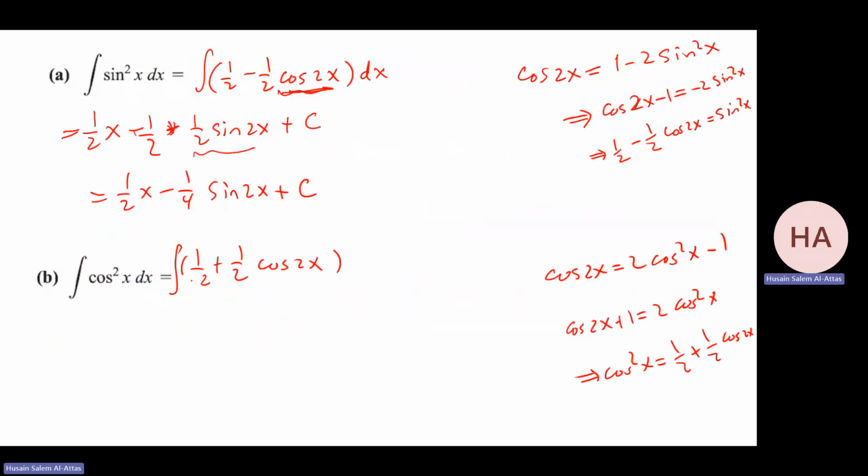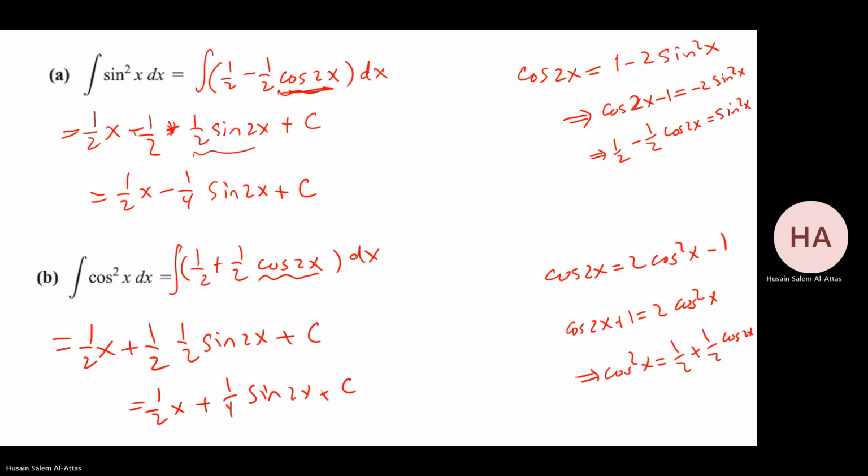I will first rewrite cosine square and then do the integration. This is half x plus half, I'll do the same trick, this is half sine 2x plus c. So I have half x plus 1 over 4 sine 2x plus c. Okay.